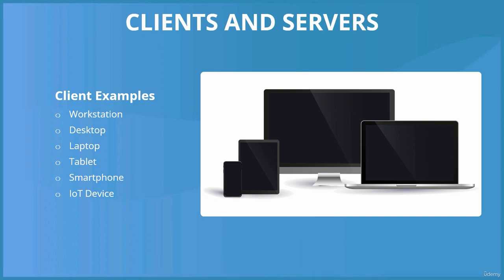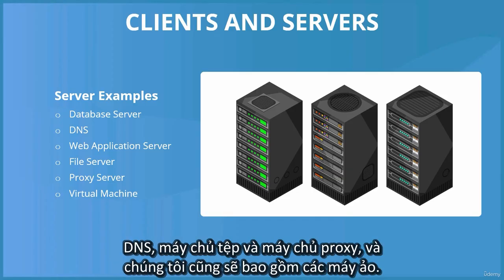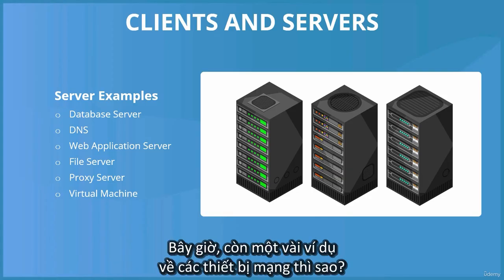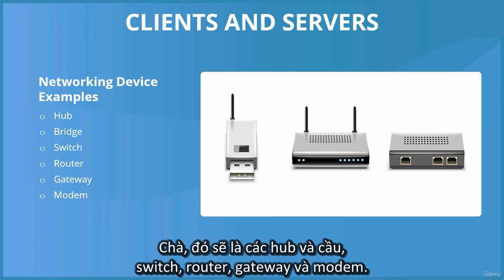You know the drill. A few examples of a server would be a database server, a DNS, web application server, file servers, and proxy servers, and we would also include virtual machines. Now, how about a few examples of networking devices? Well, these would be your hubs and bridges, switches, routers, gateways, and modems.